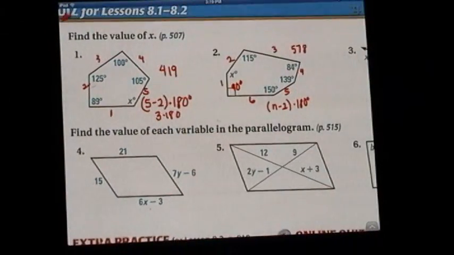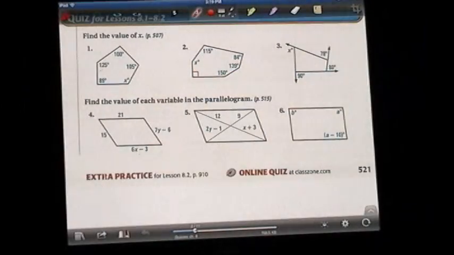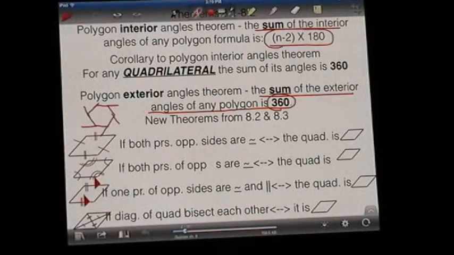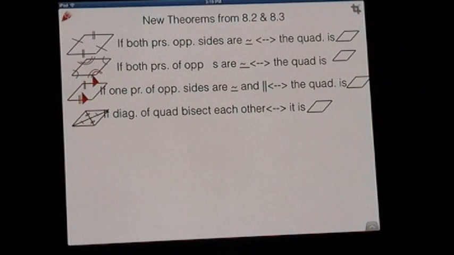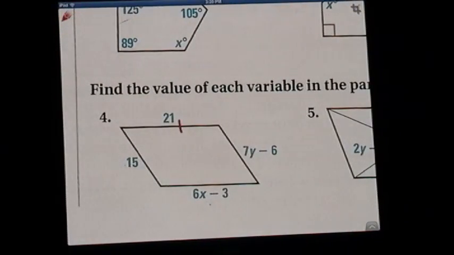This one, the instructions say, find the value of each variable in the parallelogram. Let's look at our rules about parallelograms. Remember, you can pause this at any time. That one was just sides, so I'm looking for my sides, and I see that my opposite sides are congruent. If it's a parallelogram, then the opposite sides have to be congruent. So these two have to be congruent, and these two have to be congruent.